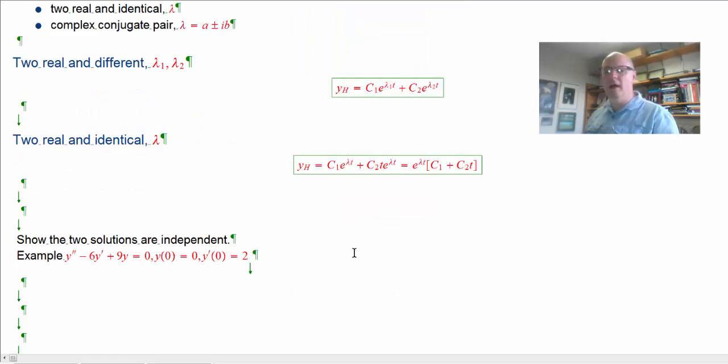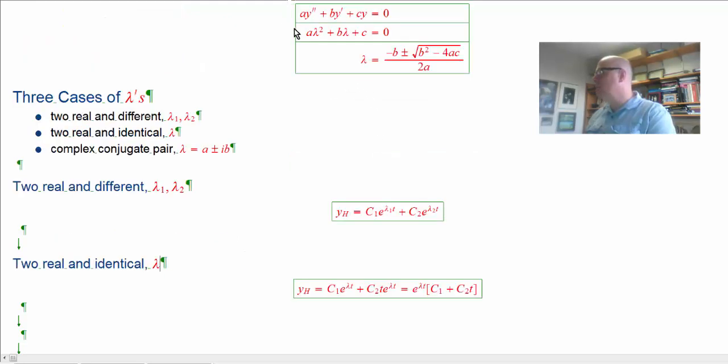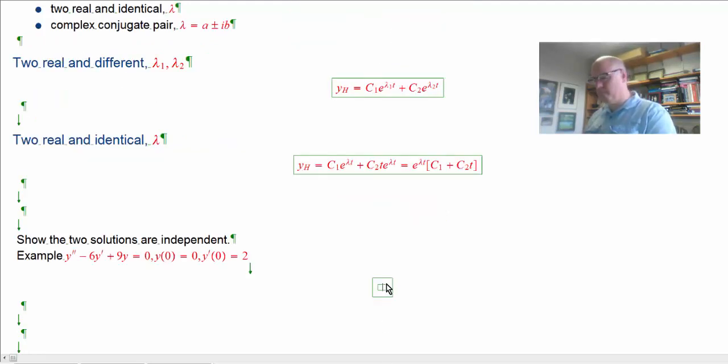Let's do one last example of these real and identical, and then we'll be set. So I need to solve y prime prime minus 6y prime plus 9y is equal to 0. So we get our auxiliary equation.